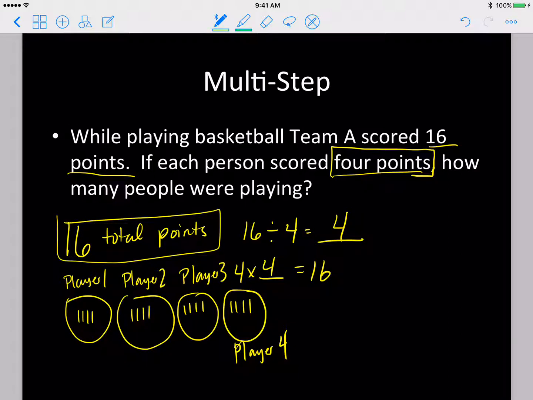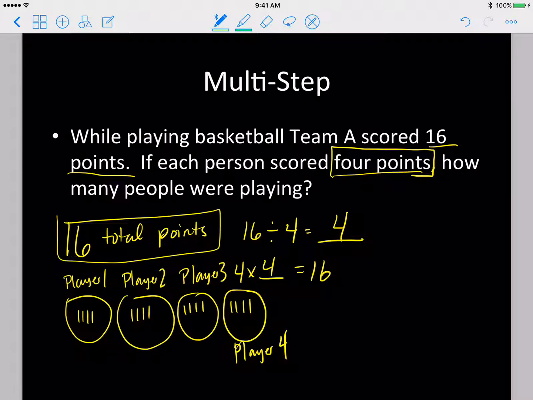We could also, to add another layer to that, say, well, what happens if Team A doubled their points the next game? Right? We could add that in.